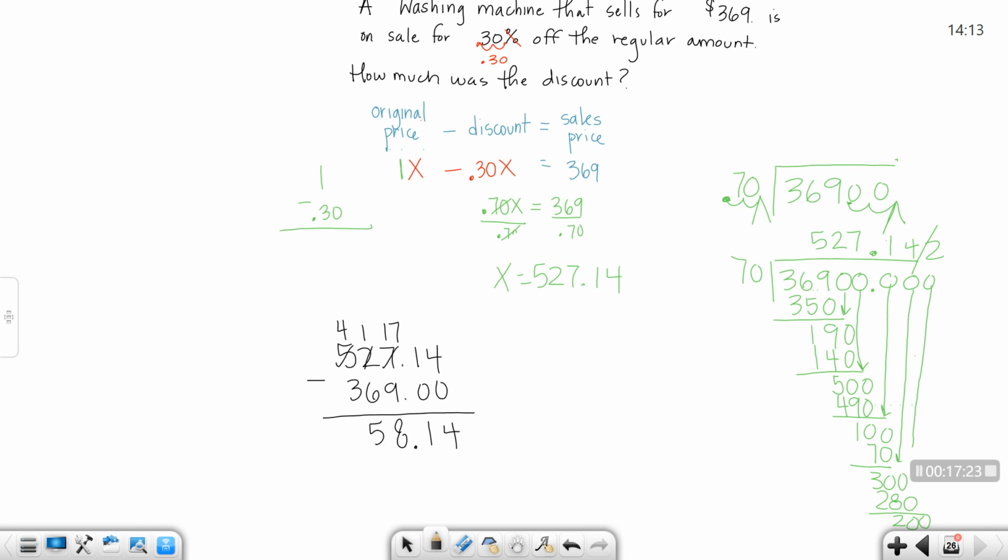And this is a 5 and a 1. Let me double check my numbers. So the discount for this washer was $158.14. So that was a pretty good deal.